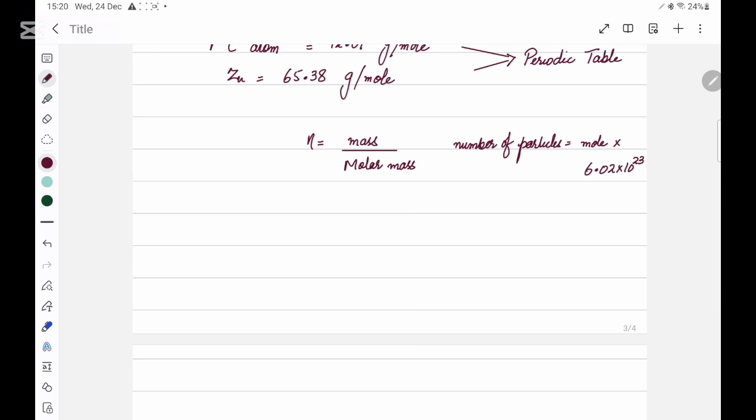Now by using these two formulas we are going to solve certain questions. First of all we have a question: how many molecules of C6H14 does a 42.0 gram sample of C6H14 contain?